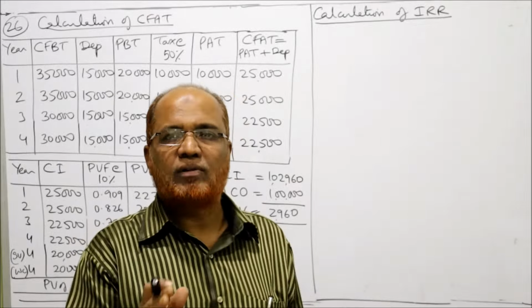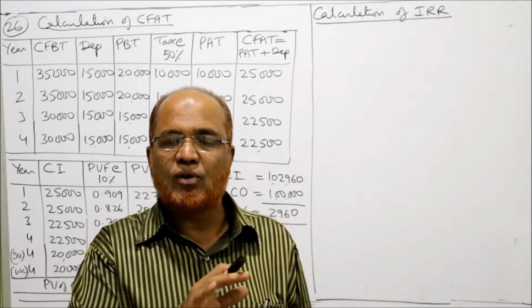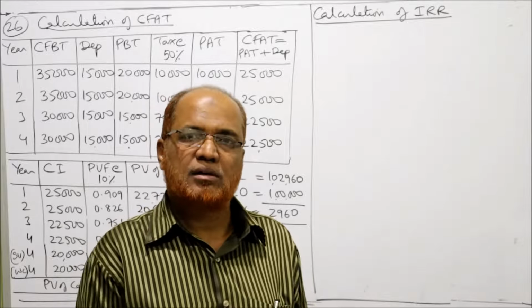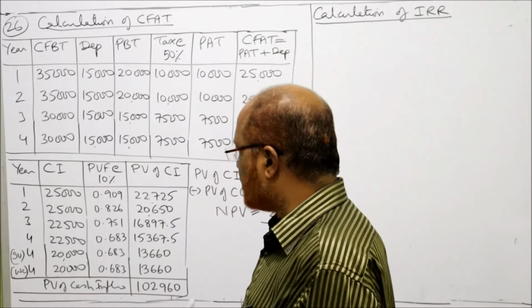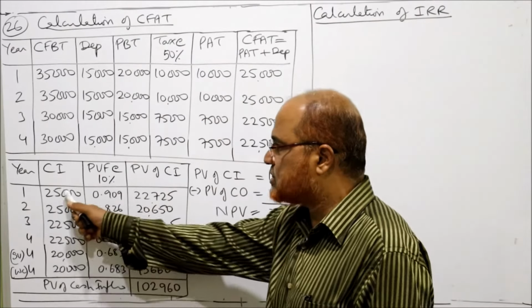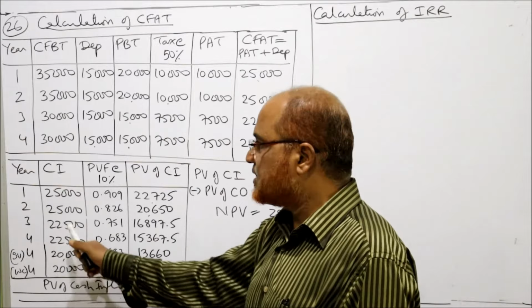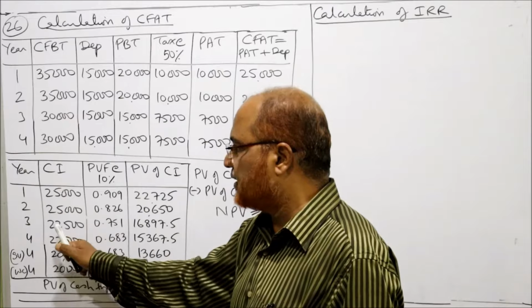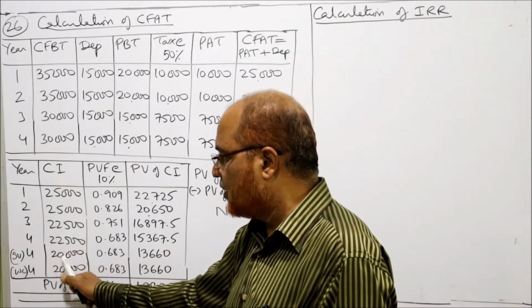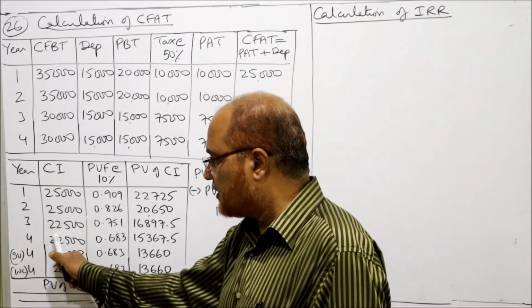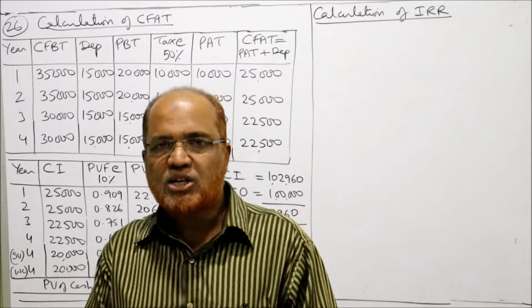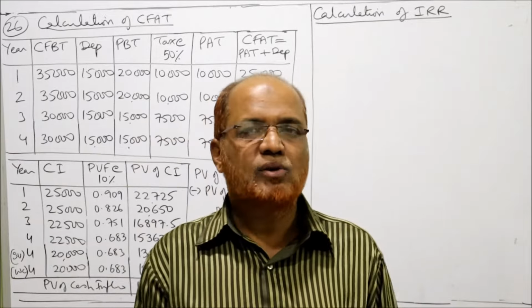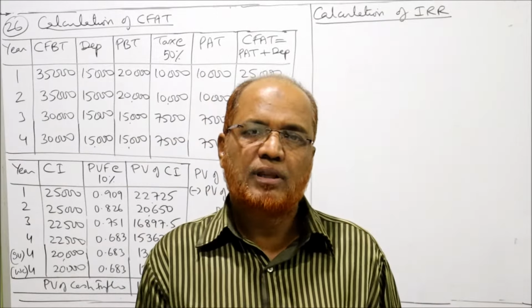The second model will be applied when annual cash inflows are not constant. So we will apply the second model because annual cash inflows are not constant, they are fluctuating. First year cash inflow 25,000, then 25,000, then 22,500, 22,500, 20,000, 20,000. These are for the third year and fourth year. So you can see the cash inflows are fluctuating, so we cannot apply the first model.